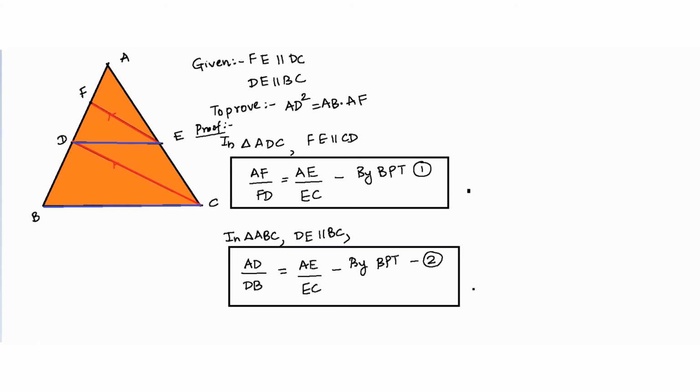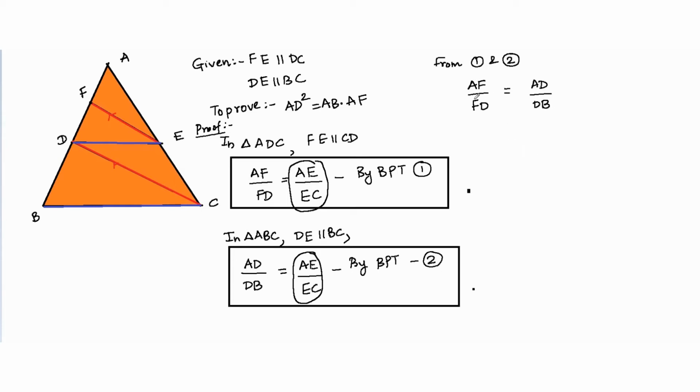So one thing that I notice over here right away is that both these sides contain AE by EC, right? The right hand sides of both equations is AE by EC, and therefore from 1 and 2, I can conclude that AF upon FD is equal to AD upon DB.